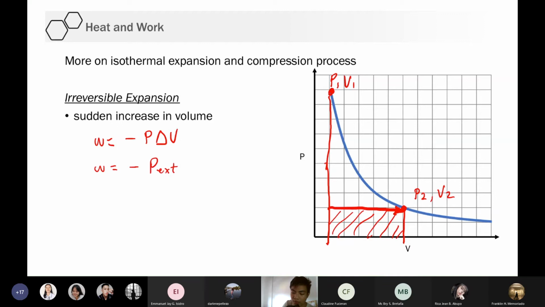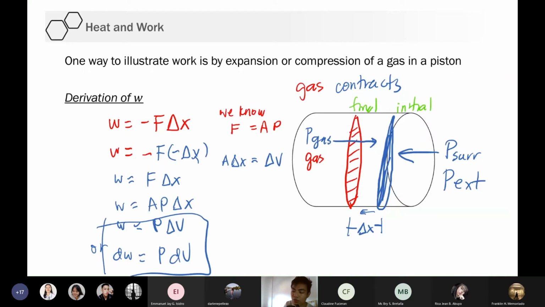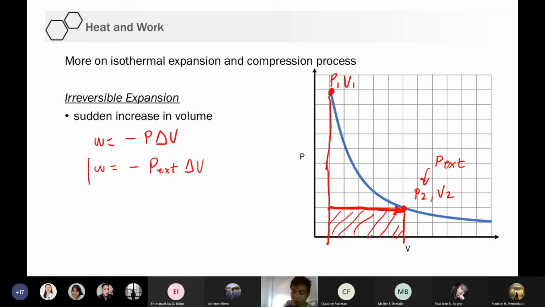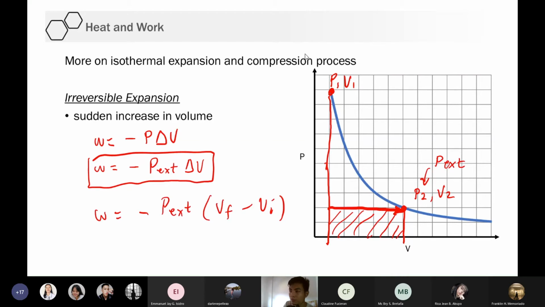P external delta V. So, always ang final pressure ay P external. Kasi sabi nga natin, equal na yung pressure nila. So, at final stage, pag huminto na yan, equal na ito and ito. So, that's W equals negative P external, final volume minus initial volume.